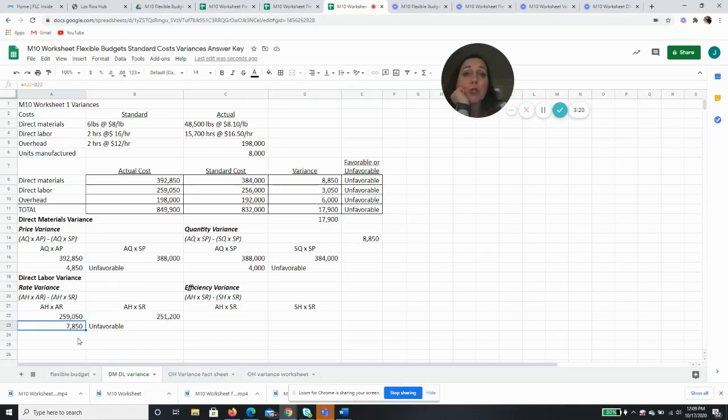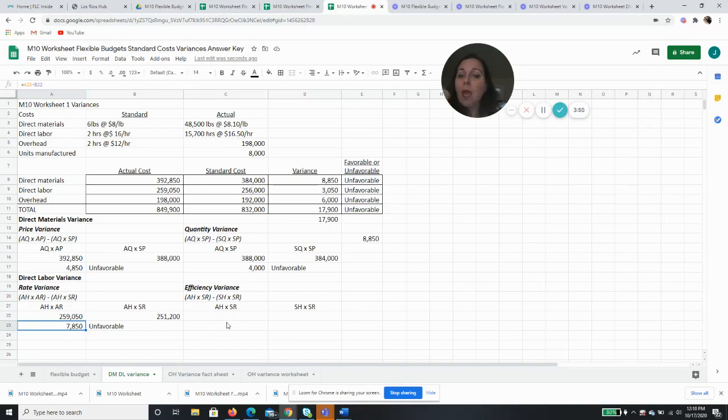Maybe we used more experienced workers. Maybe because of some sort of union contract, we have to give more hours to our more experienced workers, and more of them wanted to take the full-time schedules. It doesn't have to be a union contract. Maybe that's just the way we schedule. But for whatever reason, we paid $7,850 more to make those 8,000 units in direct labor than we thought we would, based on just the rate.